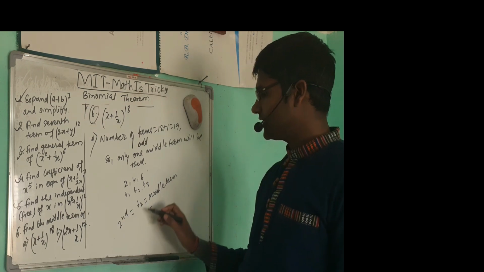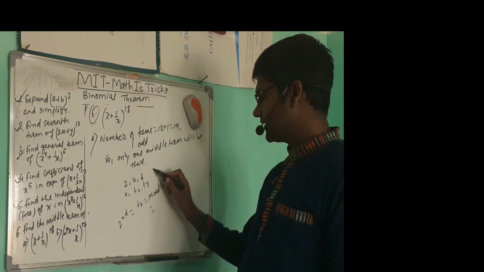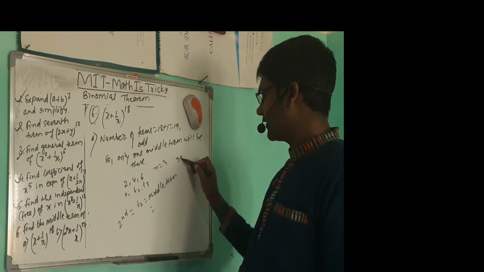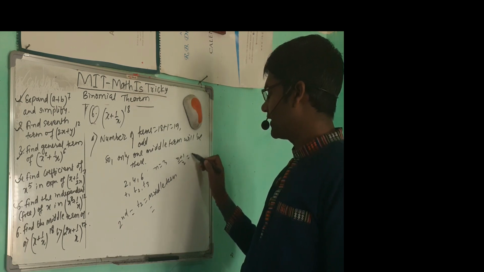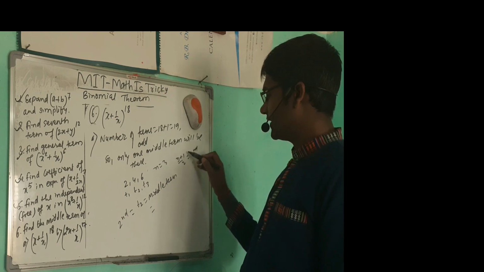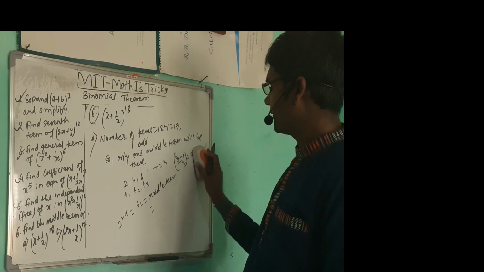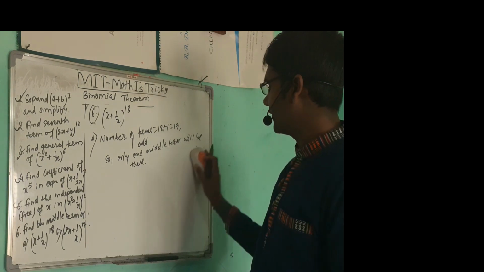So for n equals 3, 3 plus 1 by 2 gives the second term. This is how we can find it in the case of odd numbers.